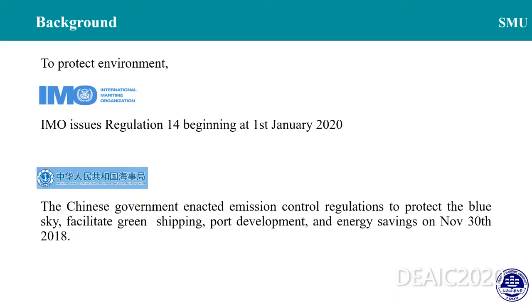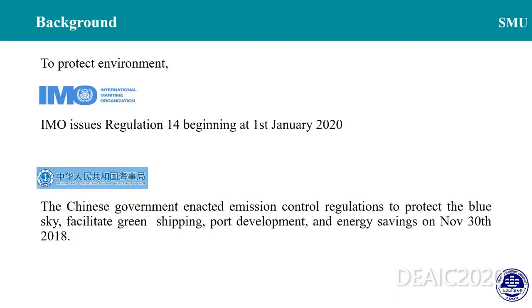to protect the environment, IMO issued Regulation 14 beginning on January 1st, 2020. Regulation 14 is also known as the sulfur restrictions. It requires that the sulfur content in vessel fuel be reduced to 0.5%. And then in China, the Chinese government also issued emission control regulations to protect the local environment, to protect the port areas.